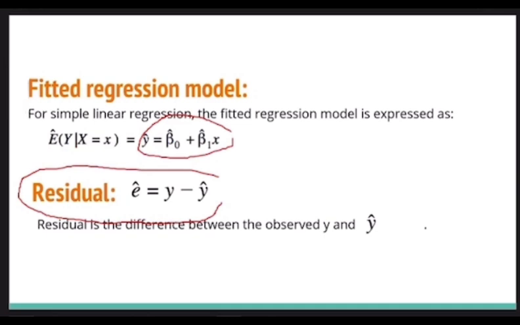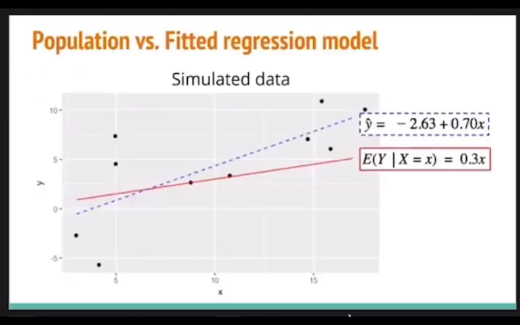Okay, now I want to move on. I told you the other time, if you really want to know whether you should specify a linear relationship, you actually need to generate a scatter plot.